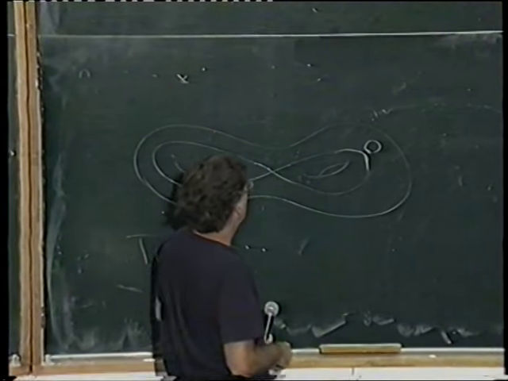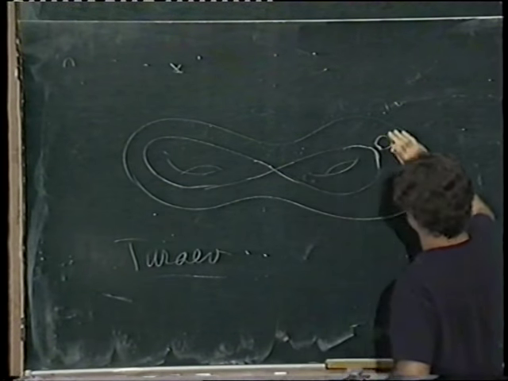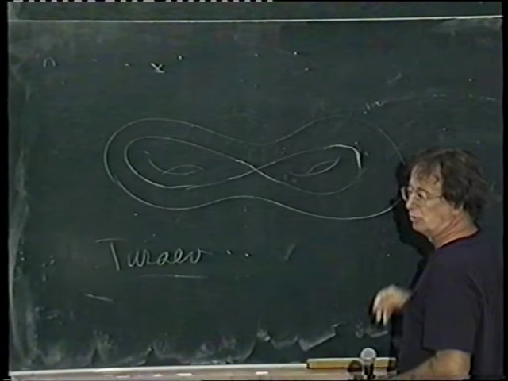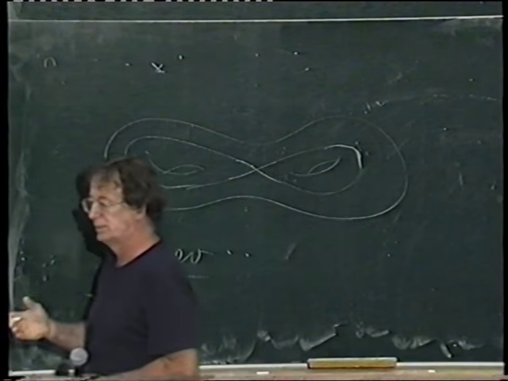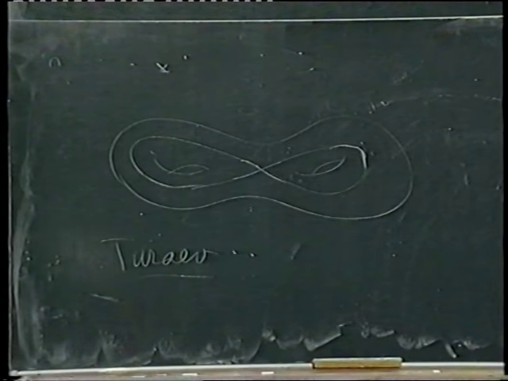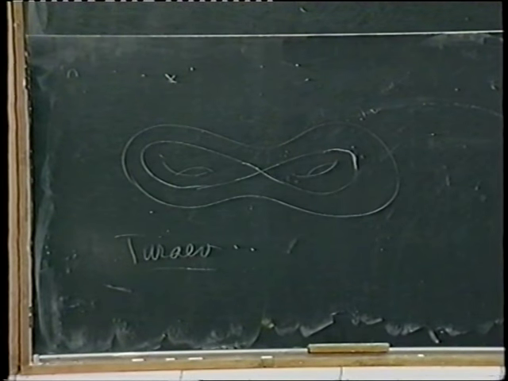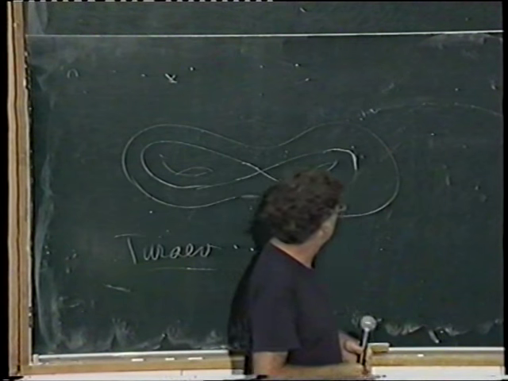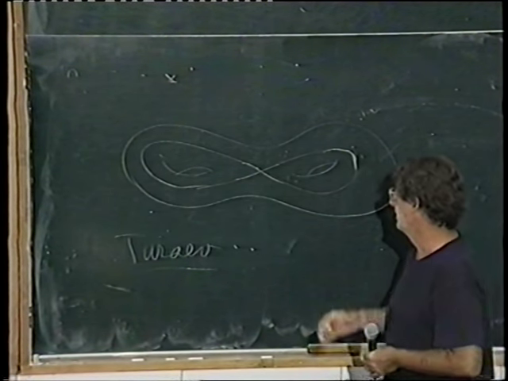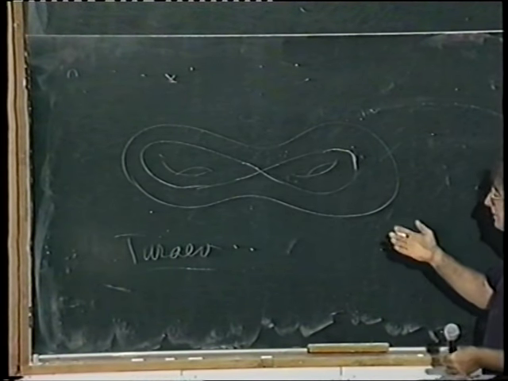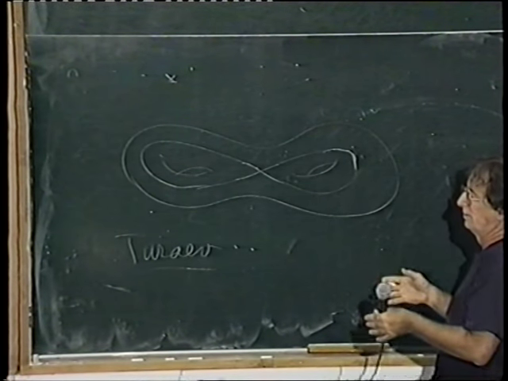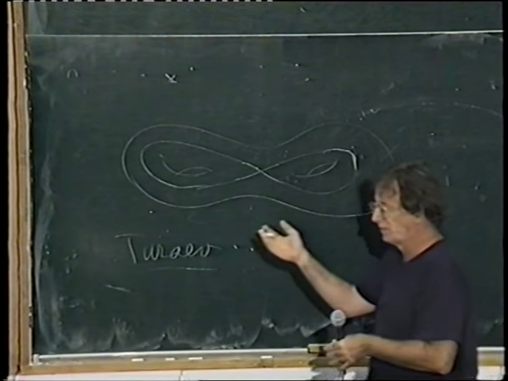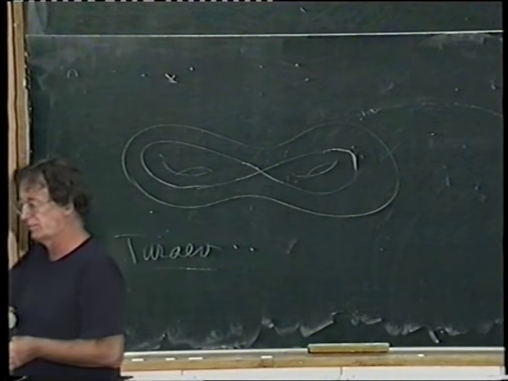So one method is to just divide out by a small loop. So take your free loop space, and if you're going in the higher algebraic topology, you can just mod out by the subcomplex of small loops, and in the tensor product, you'd have to mod out by the ideal. And then, nicely enough, the bracket operation of a family of small loops times anything else is zero, so that passes.